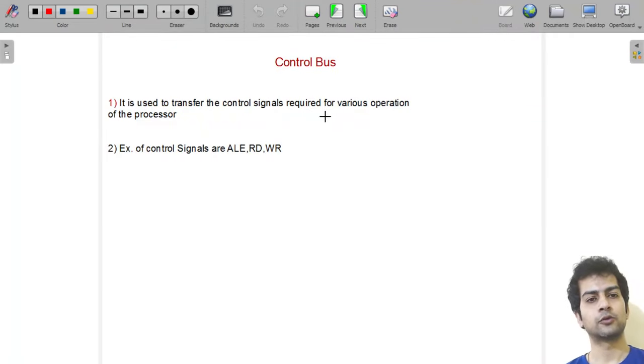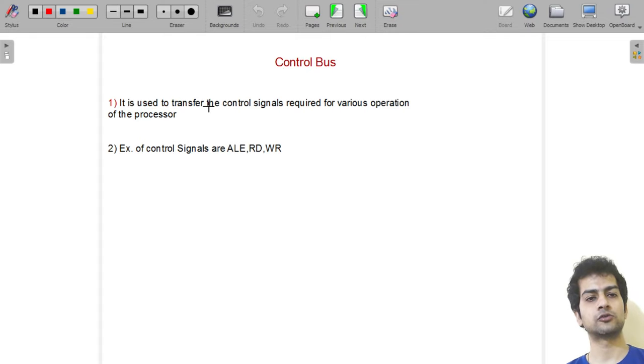Now, coming to the third category of bus, and that is the control bus. So what is the control bus? The control bus is used to transfer the control signals required for various operations of the processor.